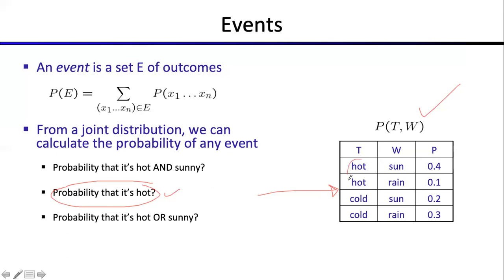So you have temperature hot, और उसके लिए hot के लिए दो possible values हैं. You simply add these two values and that would give you the value for this. ठीक है. Okay, the probability that it's hot or sunny, ये कैसे आएगी from this?